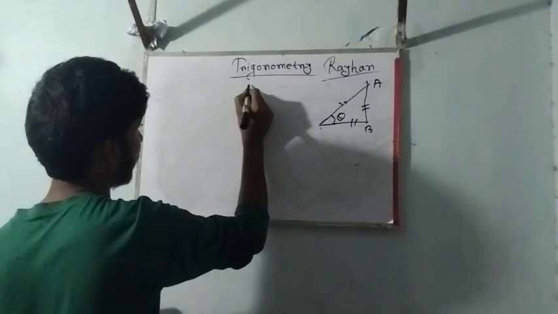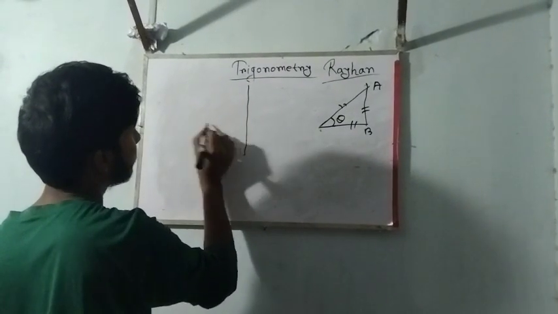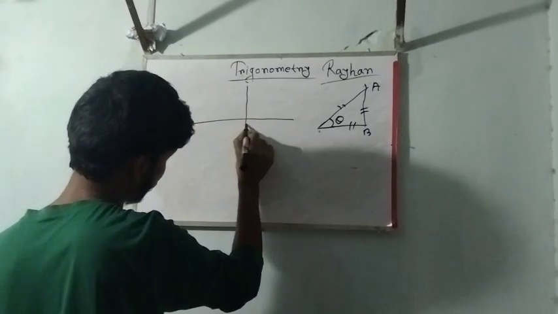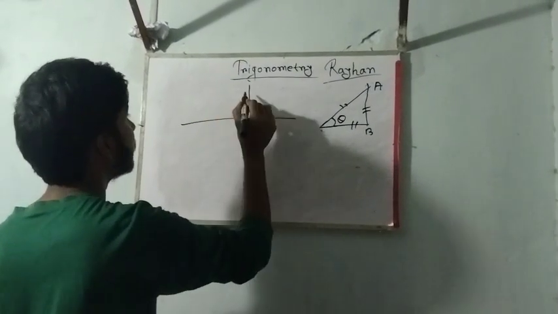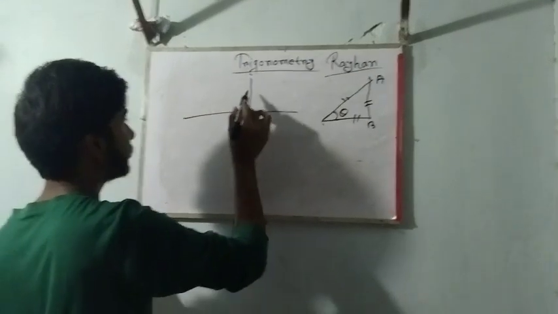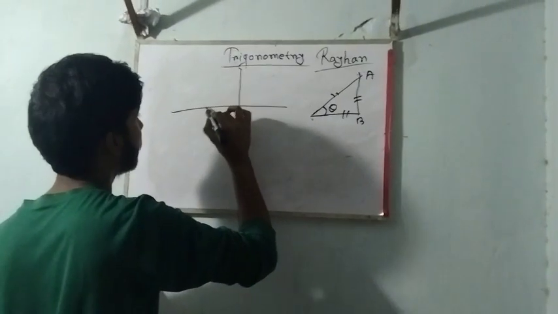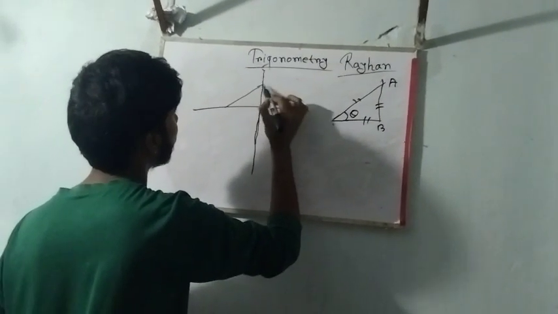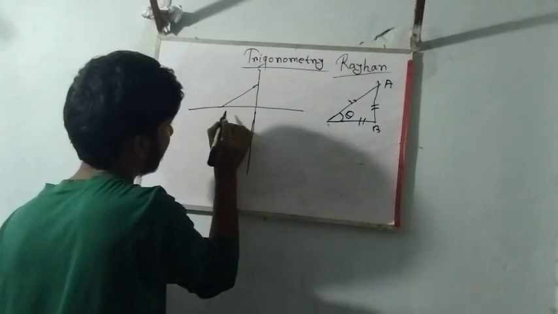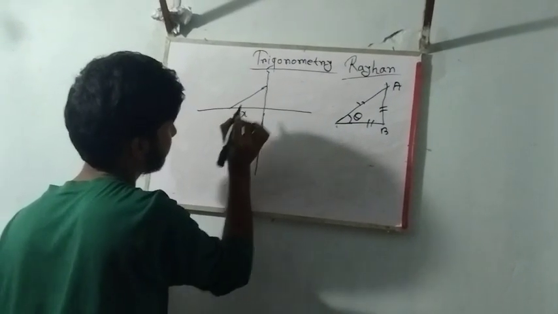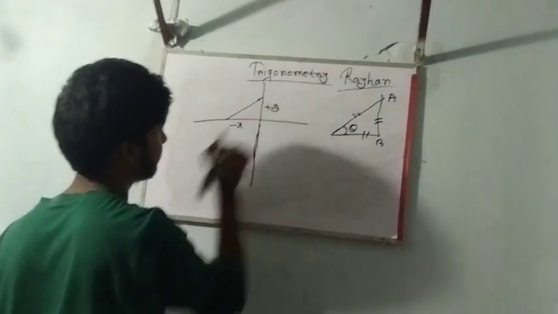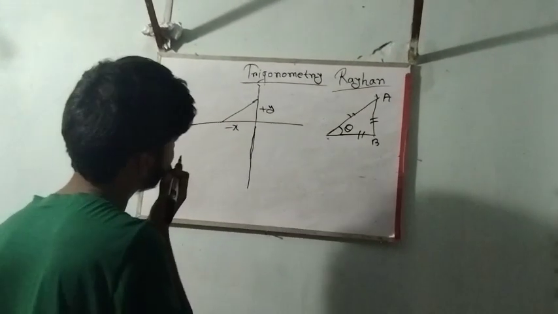Now we will talk about why sine and cosec are positive in the second quadrant. If we draw a hypotenuse according to this axis, this x is minus x and this y is positive y, right?